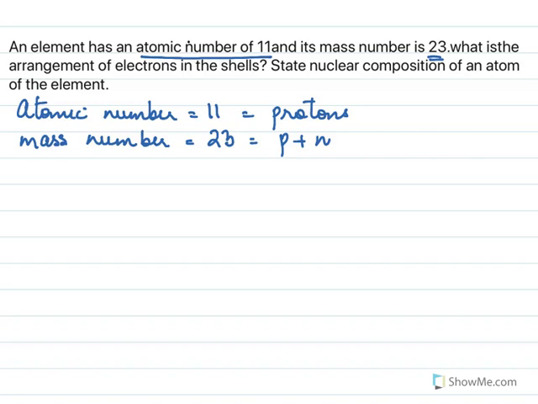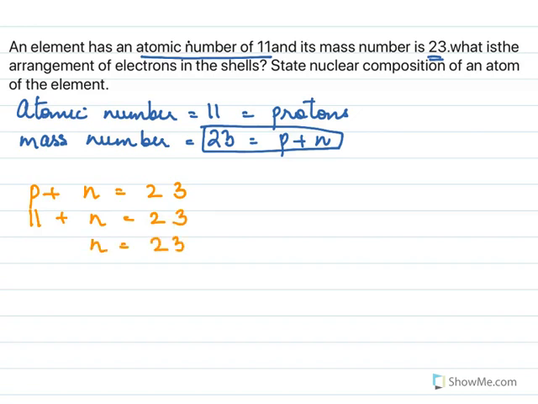What is the arrangement of its electrons? First let's find out all the 3 subatomic particles. We know protons here, we know mass number is 23. So protons plus neutrons is 23. Protons is 11 plus neutrons, 23. So neutrons is 23 minus 11, neutrons is 12.